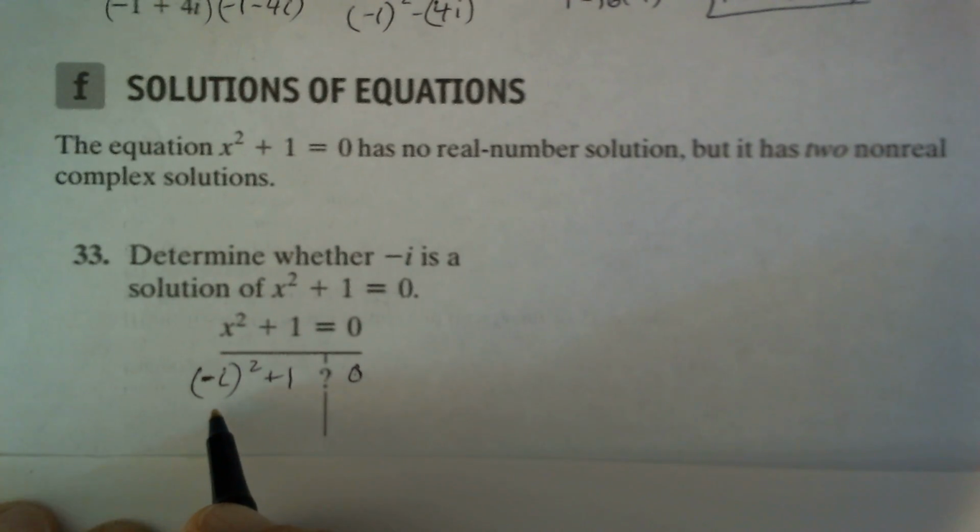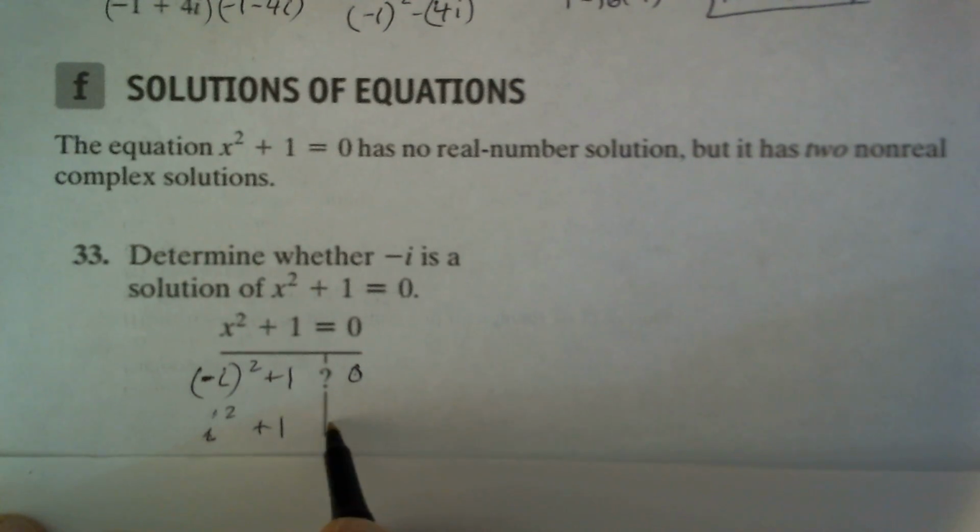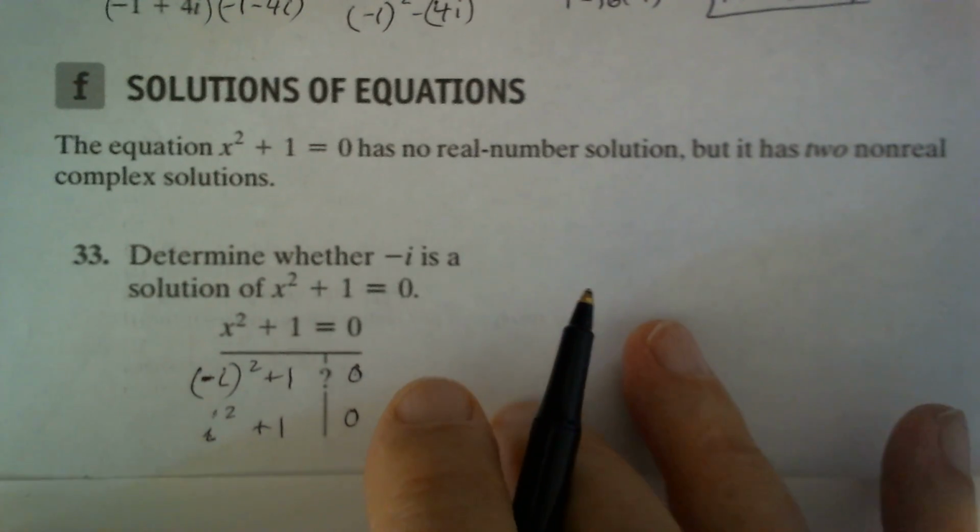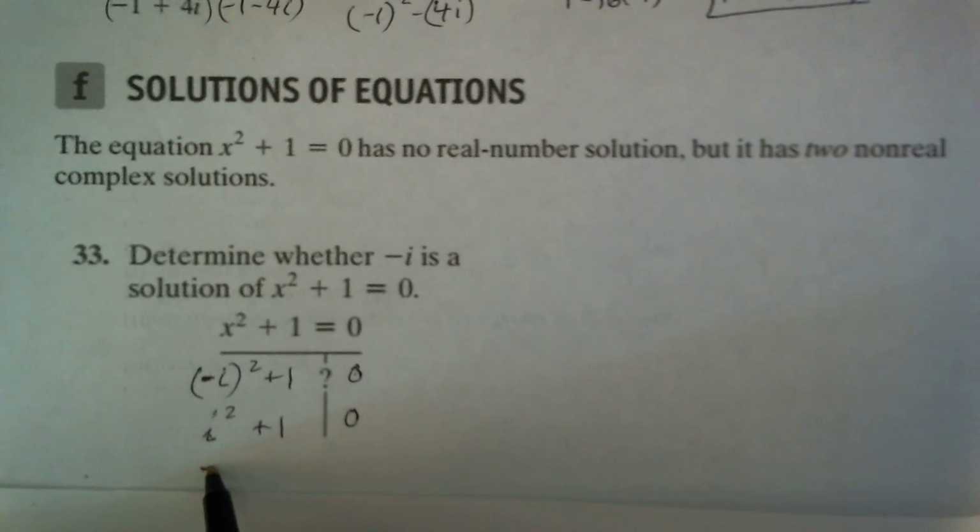But minus i times minus i is i squared. So we have i squared plus 1, is that equal to 0? Well, i squared equals minus 1 and plus 1, and that does equal 0, so the answer is yes. Minus i is the solution.